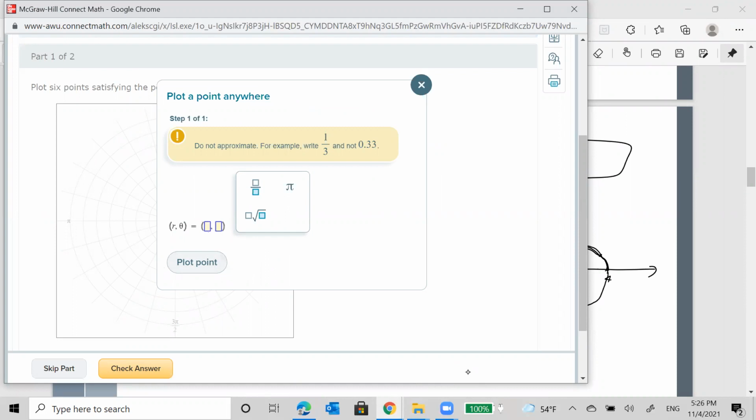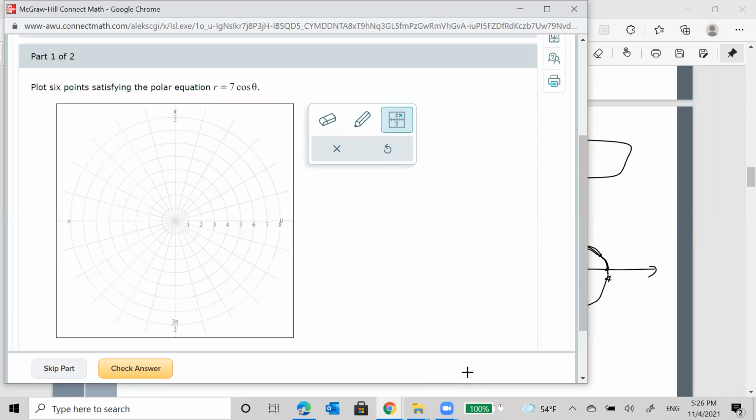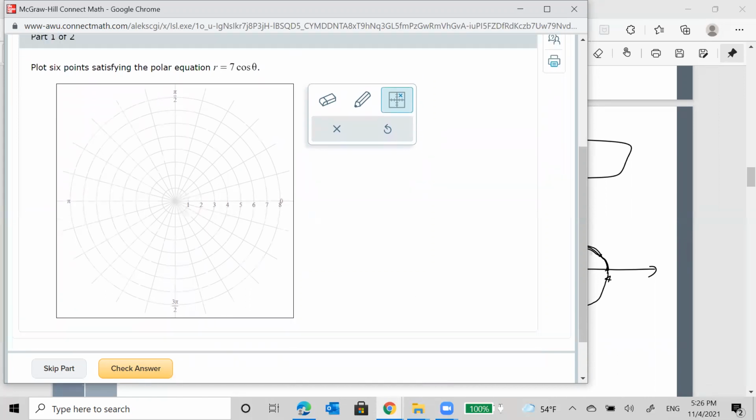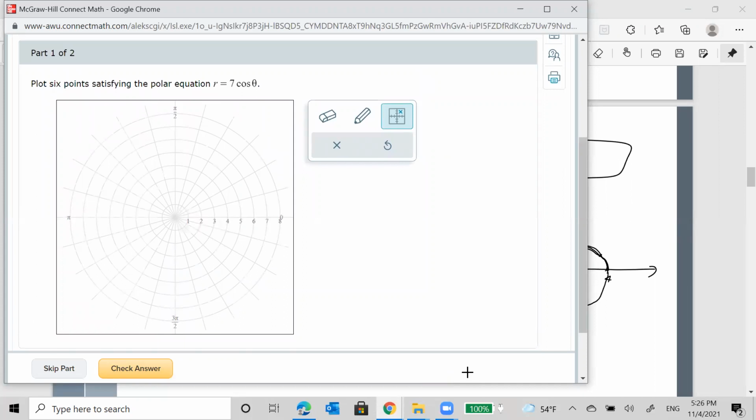Put R here, theta here, and plot the point. Once you plot 6 points, you check your answer. So you will get a beautiful circle. For this one, it's a circle. It's like this. Oh, I can't draw. So the circle is like this. The radius is 3.5.